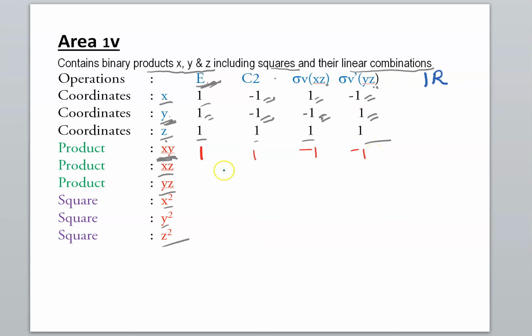Therefore, it is 1, 1, minus 1, minus 1.